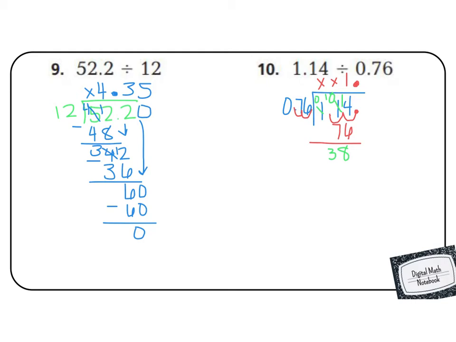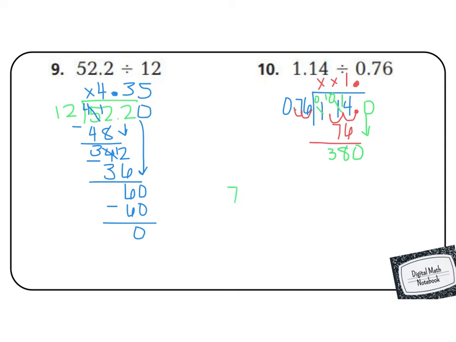Now, here's where we're going to add that 0 in our dividend and bring it on down. So we have the number 380. Well, I know that 70 times 2 would be, I'm going to count by sevens. So 7, 14, 28. 7 times 5 is 35, so that's pretty close. So let's multiply down here to see.